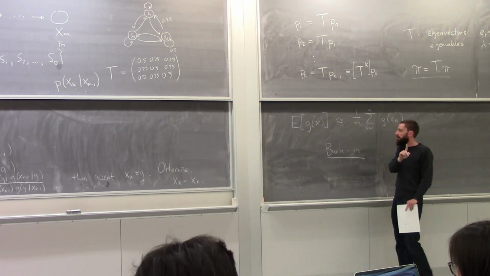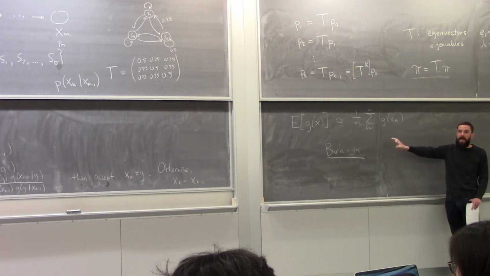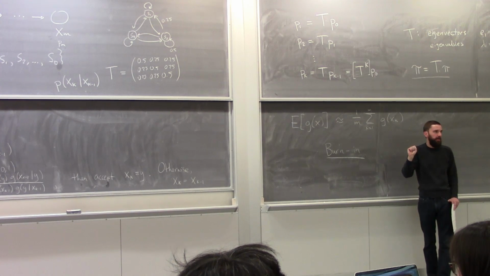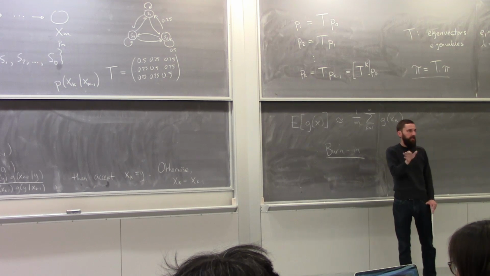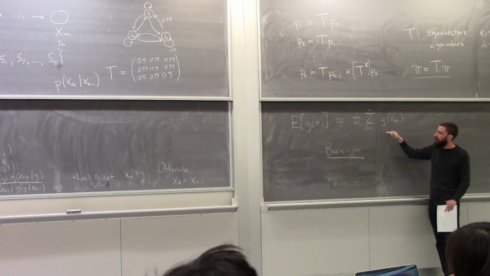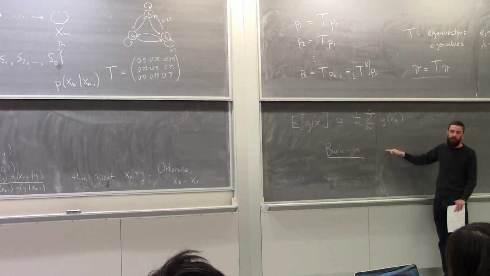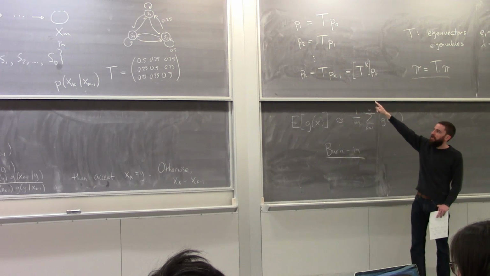But let me give just the general way that you can evaluate whether I've converged to my stationary distribution or not. One general principle, and I'll give the intuition here, is to run multiple chains. If I run just one of these chains, it can be difficult to see whether it's converged to something or not.